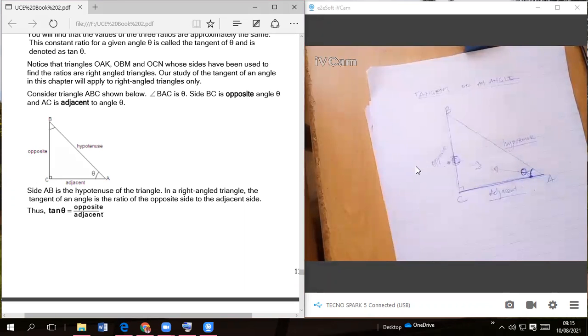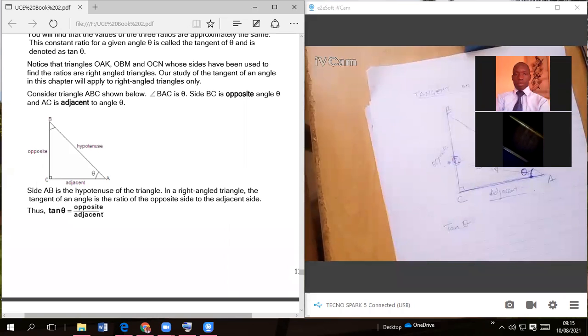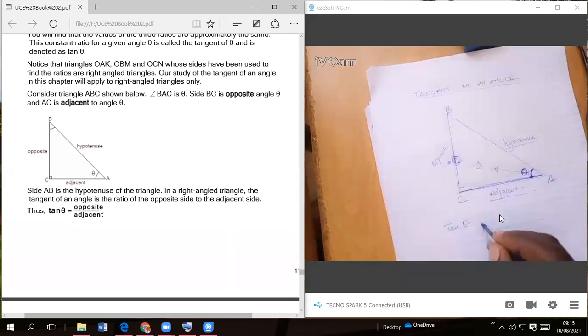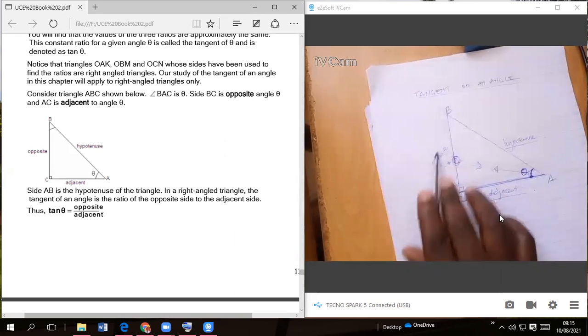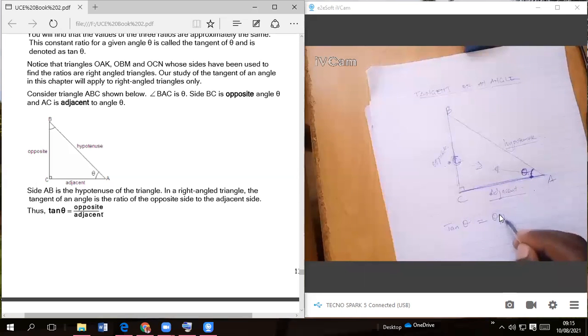So the tangent, say tan, because tan comes from the word tangent. So the tan of this angle, theta is a Greek letter, it's just a letter called theta. So the tan of theta is given by the opposite side divided by the adjacent.